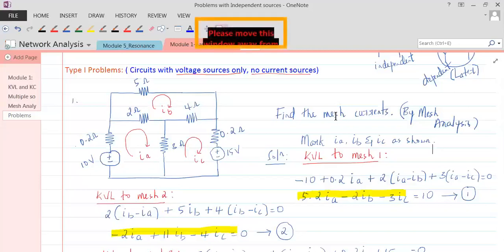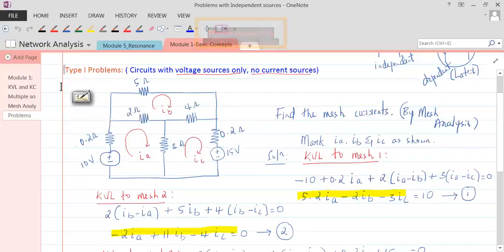I'll take the same circuit, and I'll ask you to find the voltage. Everybody see here what I'm doing. I'll copy this. It's not allowing me now.